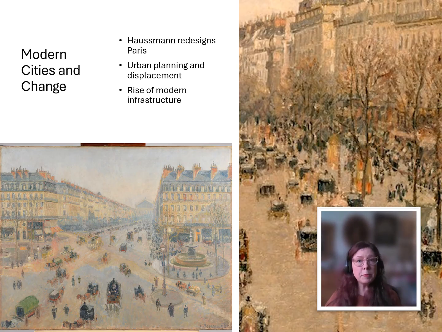So, Paris becomes this really powerful example of modernity, a city that is redesigned for progress, for movement, for visibility, but it is also a city shaped by decisions about who belongs, who benefits, and who gets pushed to the margins. And that tension between innovation and displacement, between beauty and equality, is going to keep showing up as we move forward.